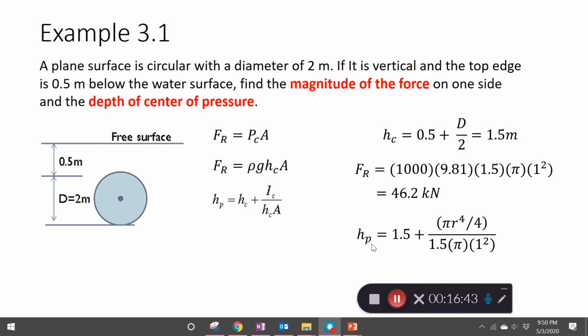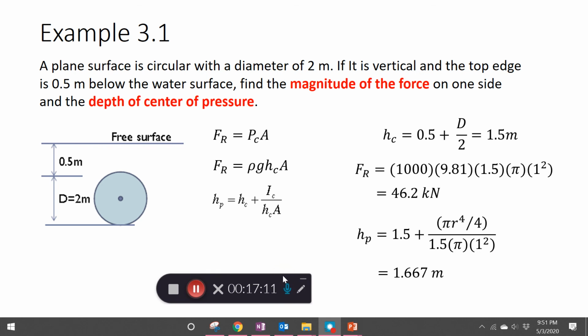You have HP equals HC calculated here, plus I naught over HC A. Now you can pause and you can Google for the moment of inertia of a circle. You'll find that it is pi r to the power of 4 over 4, divided by HC again, 1.5, times area, which is pi r squared. And then you will get the answer. Okay, that's basically it for vertical plane.